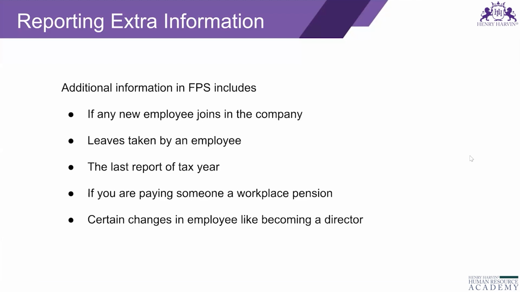If you're paying someone a workplace pension, which means the employee has retired and will now receive pension instead of salary, you have to change the employee ID for this employee. That could be one situation I forgot to tell you, where you will change the employee ID again.